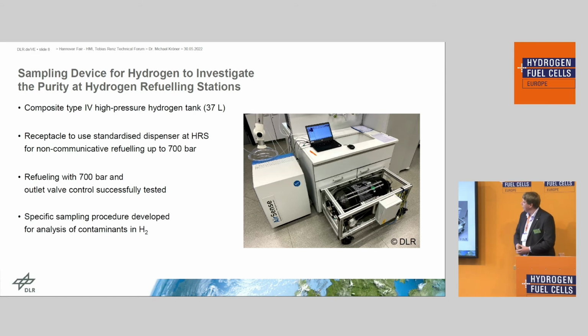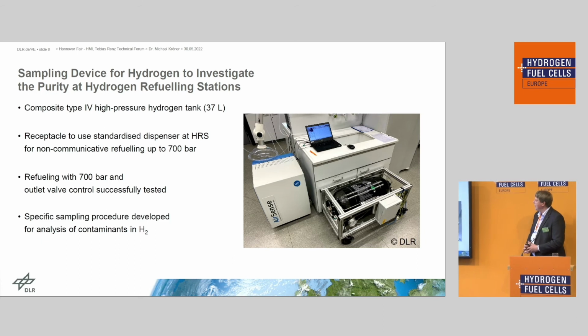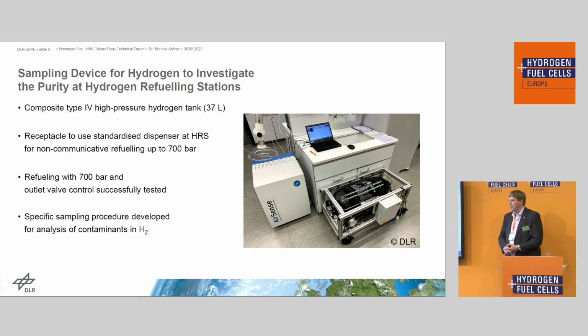And here we have used a 700 bar standard tank. This is, I think, one of the Hyundai Tucson fuel cell vehicle tanks. And with this we can take a sample from the refueling stations up to 700 bars without a vehicle.